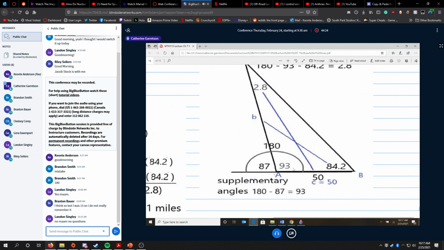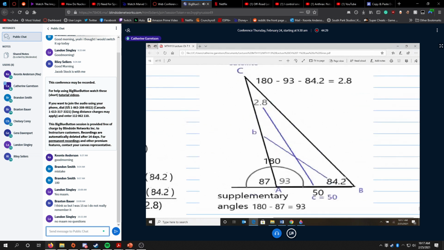That's going to give me the angle on the inside. Now I know the two interior angles, so I'm going to have to find my third. So I'm going to say 180 minus 93 minus 84.2. And this angle up here is very small. It's a very tight little angle, 2.8 degrees. So it's a real small, tiny angle. This thing is not drawn to scale.